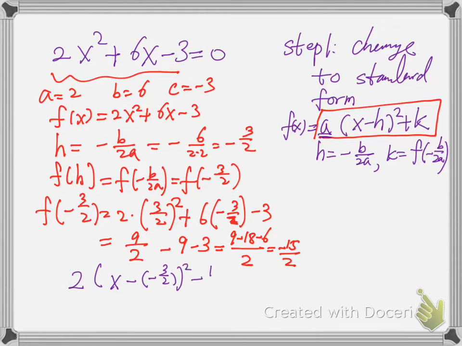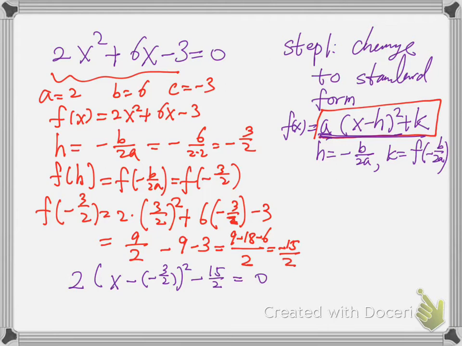Minus 15 over 2 is 0, so nothing happened for the right hand side. We just change the left hand side to the standard form if we look at this as a function.